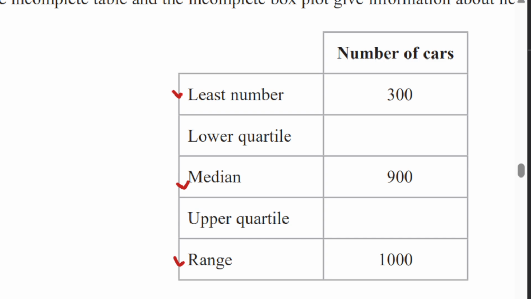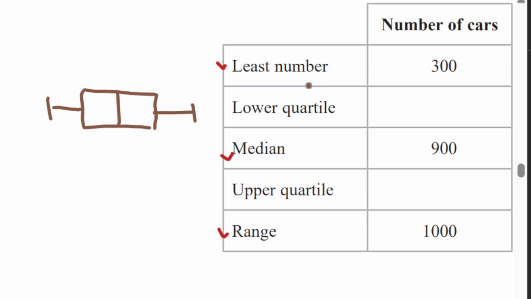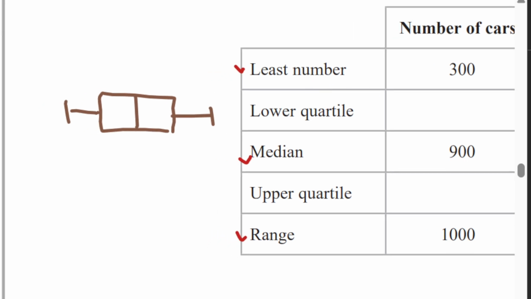So the box plots are usually something like this. Alright, so what are these things here? The first one to the left is the least number, the smallest number. And the biggest one is always far right.